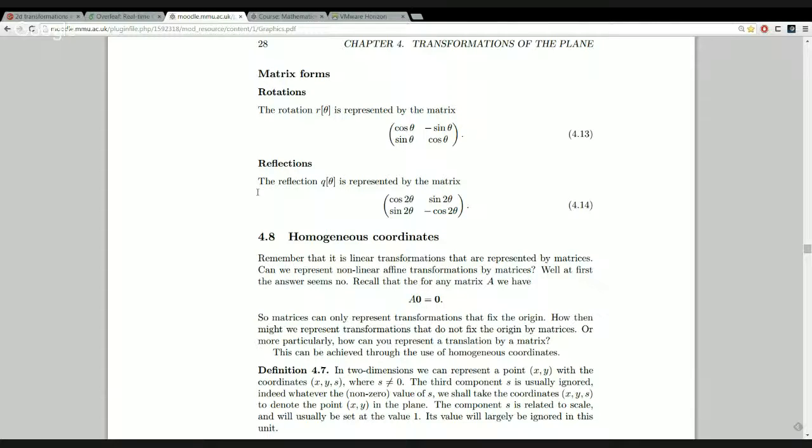So let's say that E hat is a unit vector in the direction of the bisector.